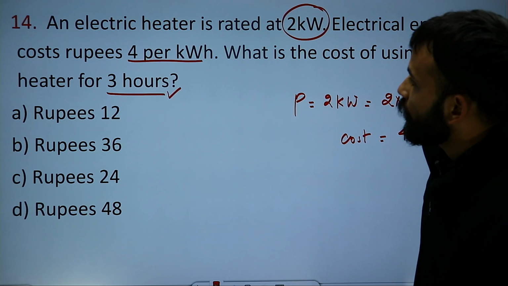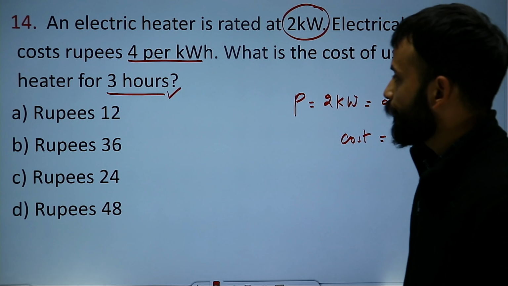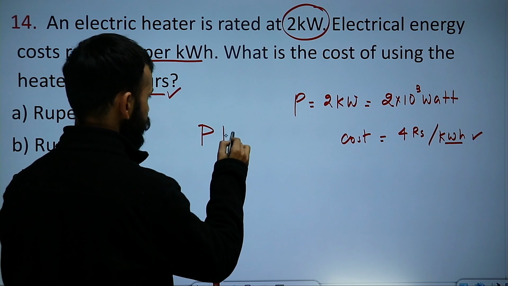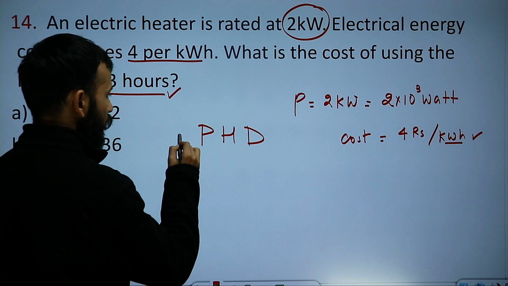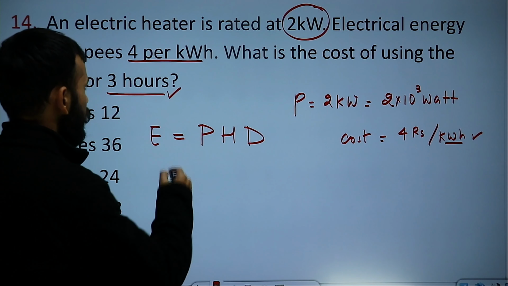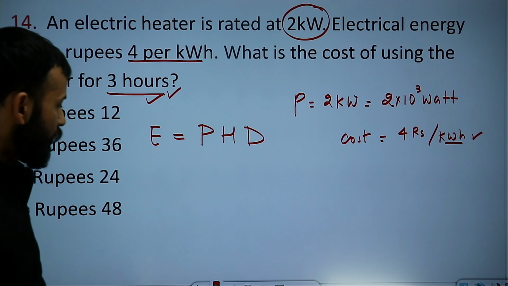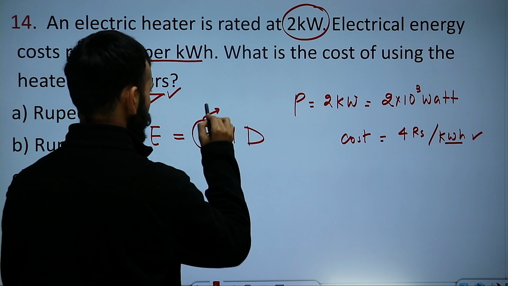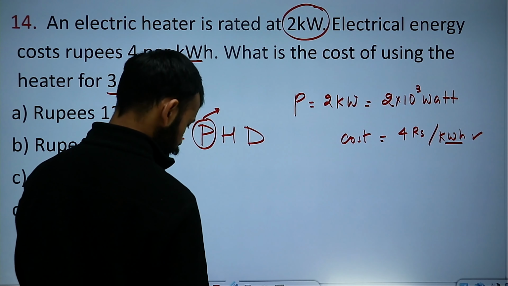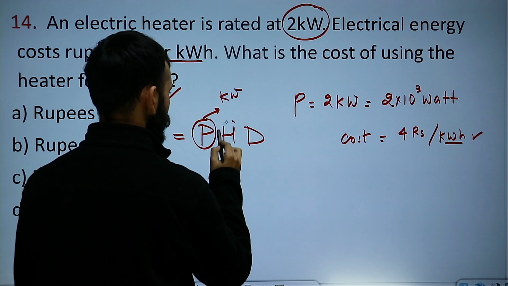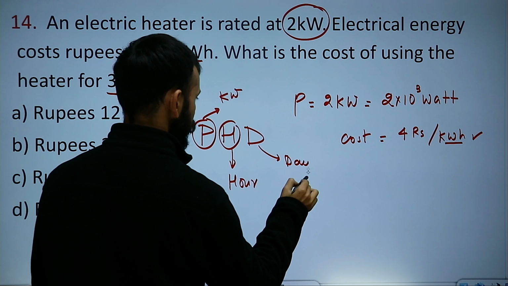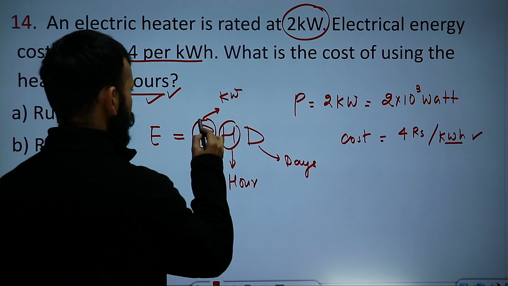A simple formula you have to learn is PHD, which gives the electrical energy in kilowatt hours. Here P is in kilowatt, H is hours, and D is days, and P is power, which is in kilowatt.